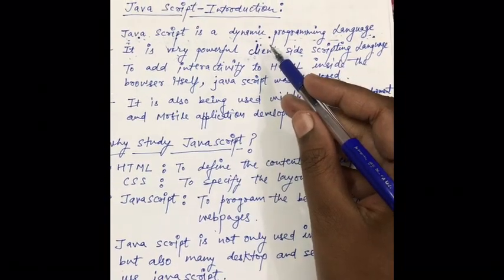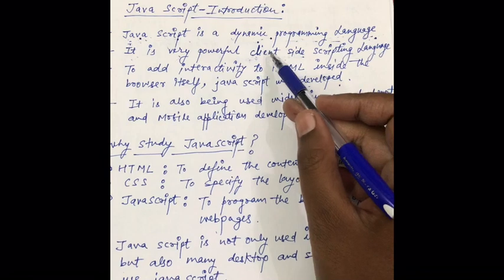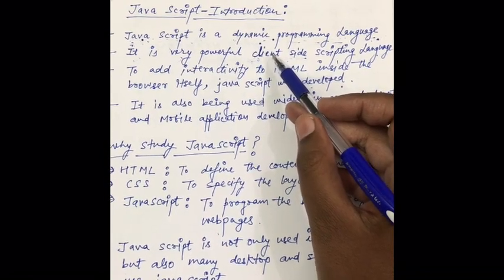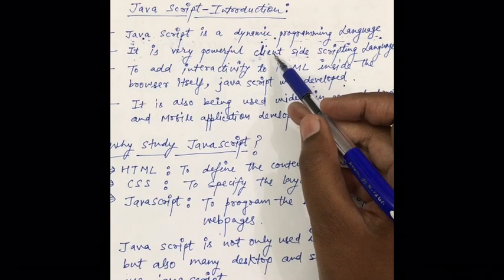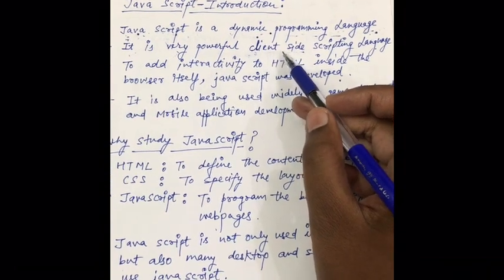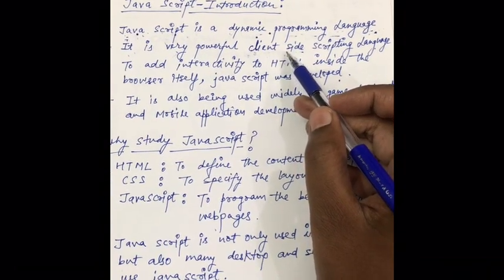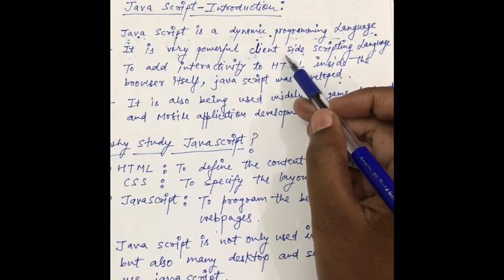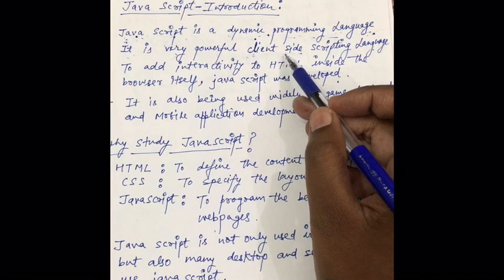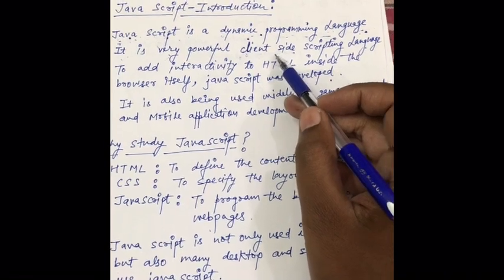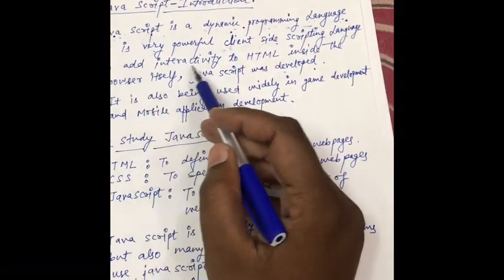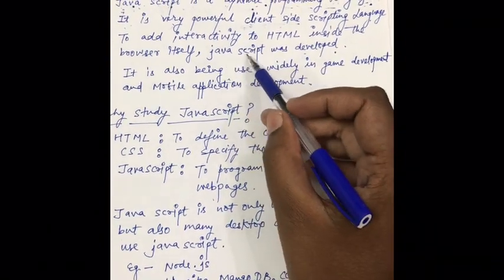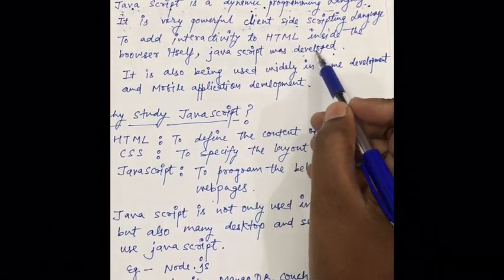We call it a client side scripting language because the programming or scripting is done at the client side, at the web browser side. Whatever programming we do, we will do it at the client side or the web browser side. The third point is that to add interactivity to HTML inside the browser itself, JavaScript was developed.